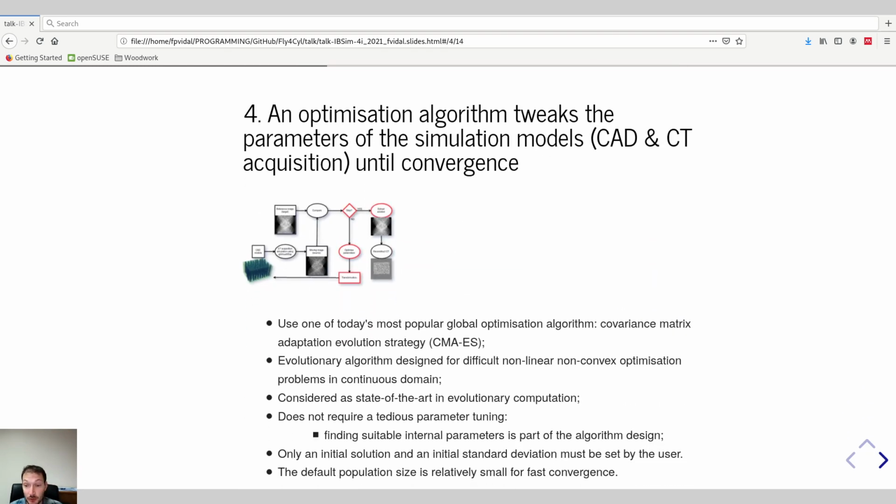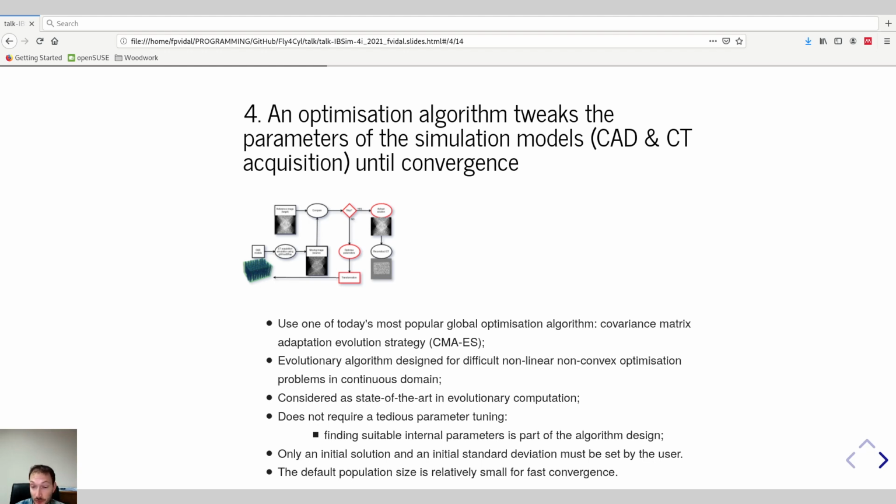And then we had to choose an optimization algorithm. We didn't want to faff tweaking parameters and so on, so we took CMA-ES, which is an evolutionary algorithm, and it's designed for very hard nonlinear, non-convex problems. It's considered state of the art. There is no parameter tuning.